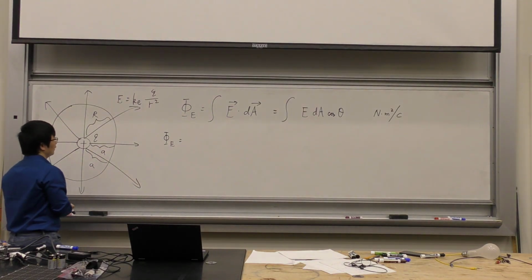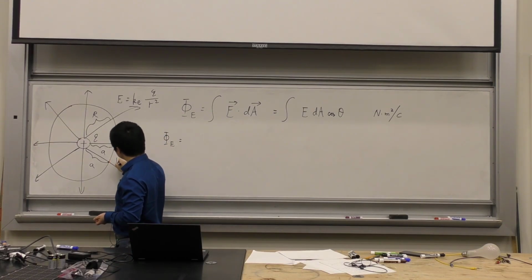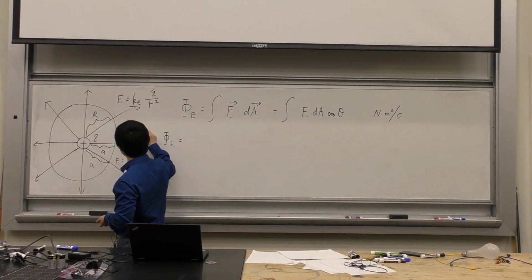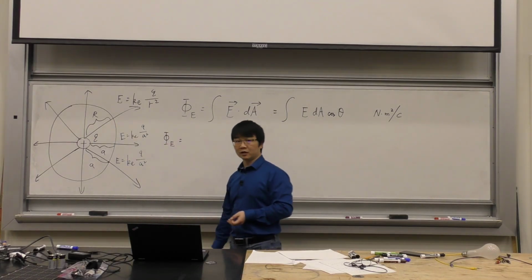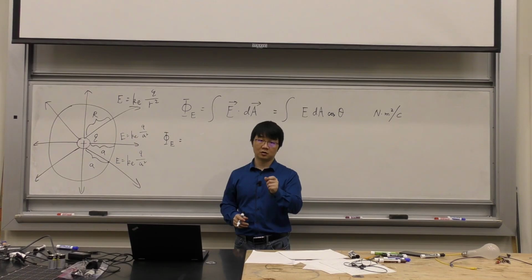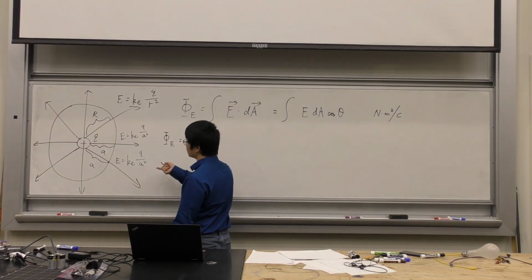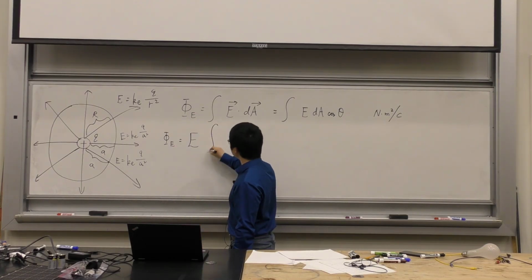So the electric field at every point is going to be Ke Q over A squared. So E will be a constant on this spherical surface because I put this charge right at the center, which is a very special case. So this E, I can take it out. I would only have dA.